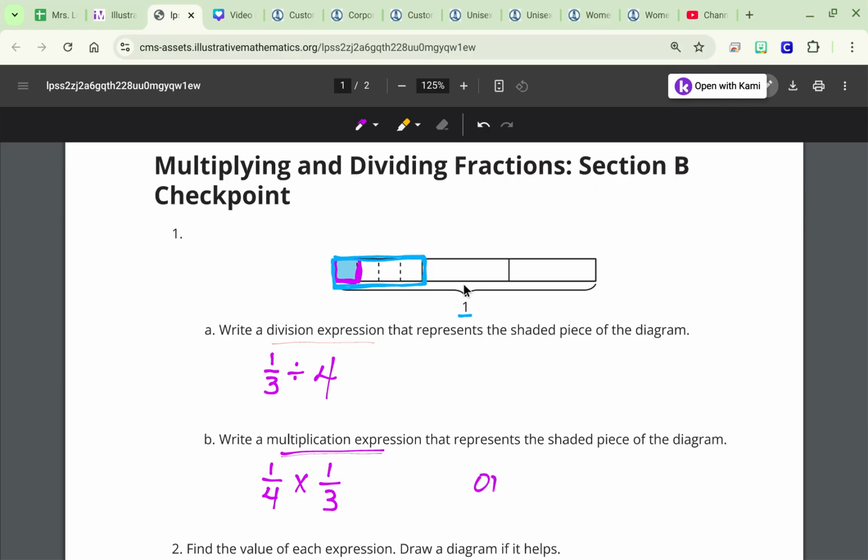That word "of" definitely can help us to think about what is happening here. What is 1/4 of this third? That's what we see in number 1B, 1/4 times 1/3.